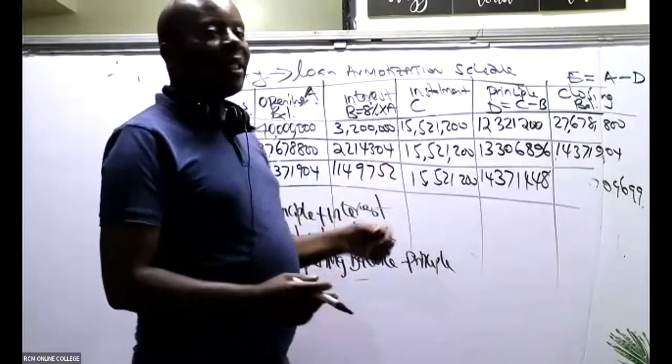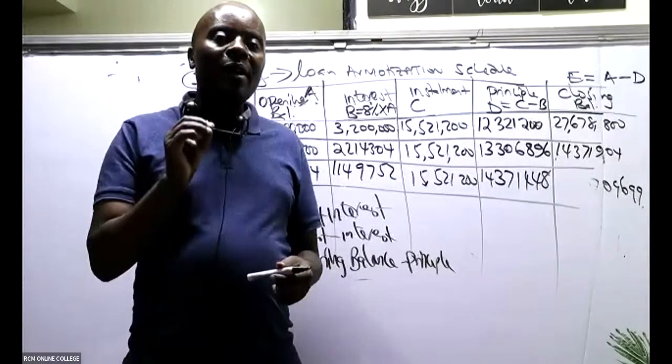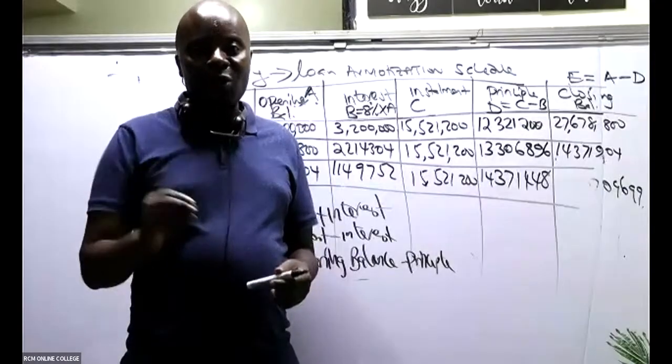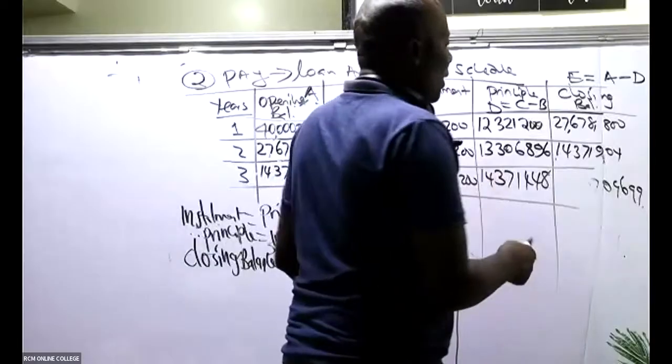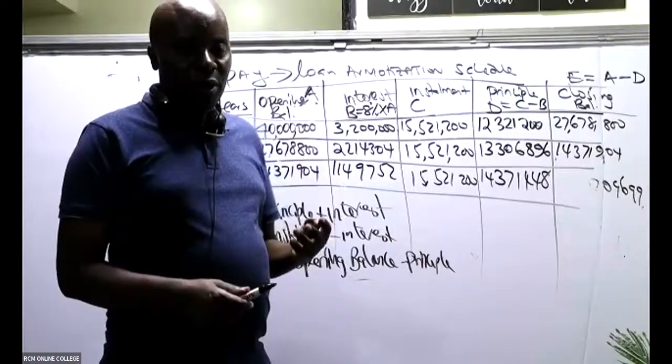I know that these numbers, especially when they are big numbers like this, rarely will they amortize to 0. But I don't have to show the examiner that I don't know. Even if I'm getting 300 or 400 out of 40 million, it's nothing.